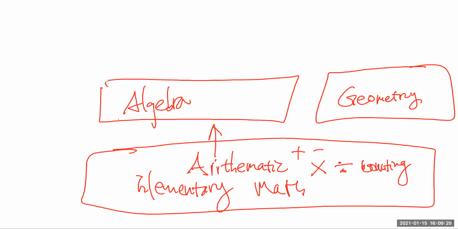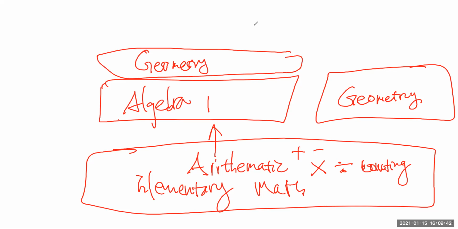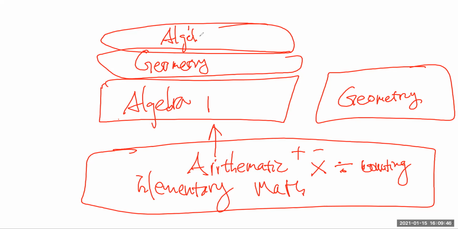In most schools right now it's a sandwich: you have algebra one, then geometry, then algebra two. And after that, you're going to learn pre-cal, then calculus.